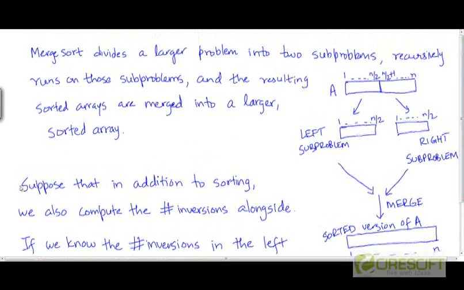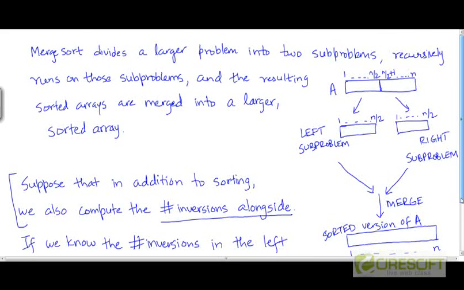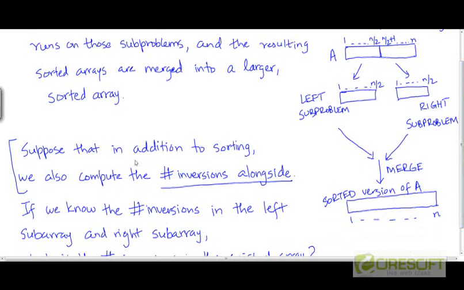Now, what this question asks you to do is to compute the number of inversions alongside. As you are executing the merge sort algorithm, is it possible to tweak the code so that you can compute side by side the number of inversions in A?